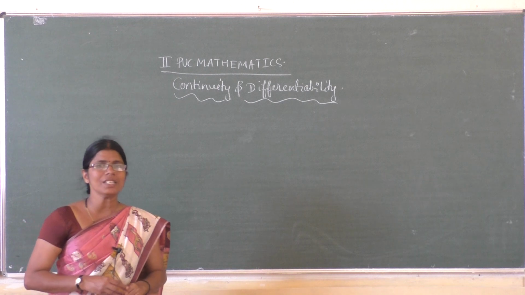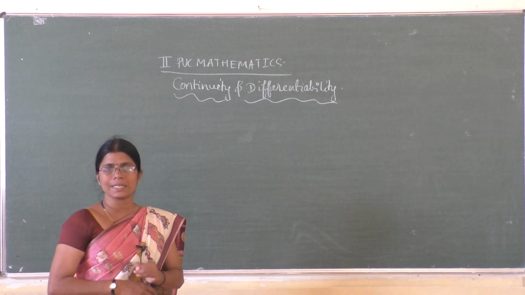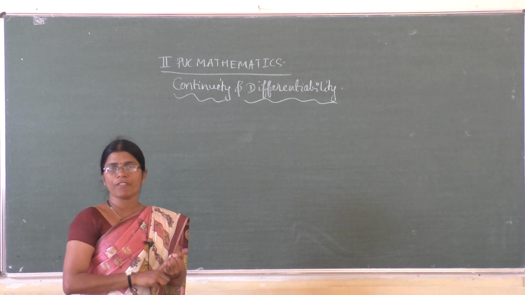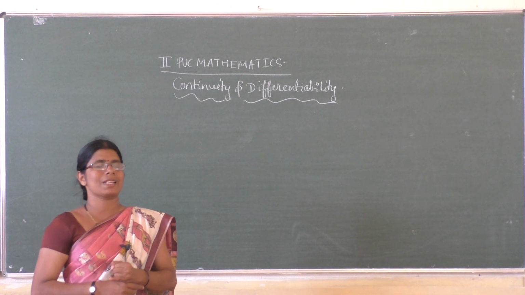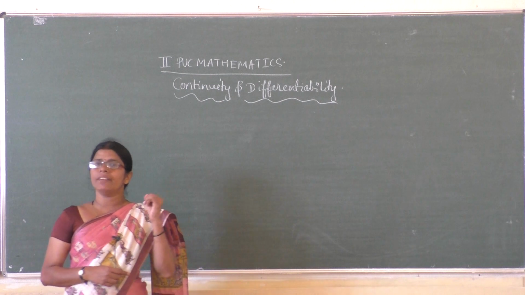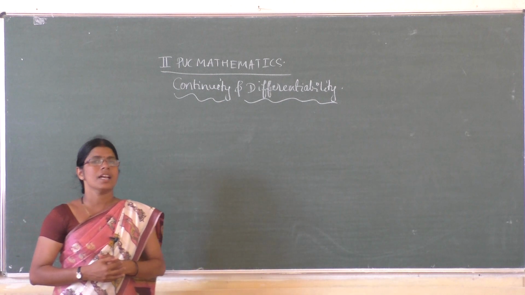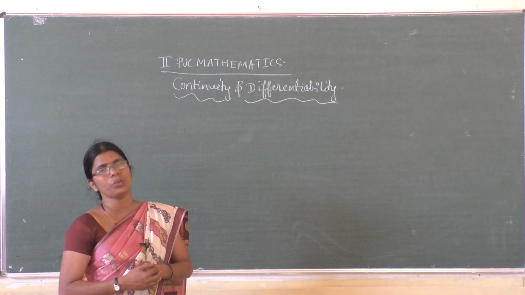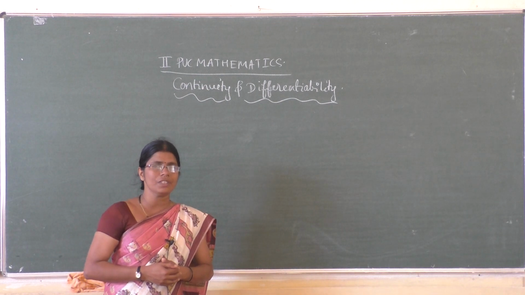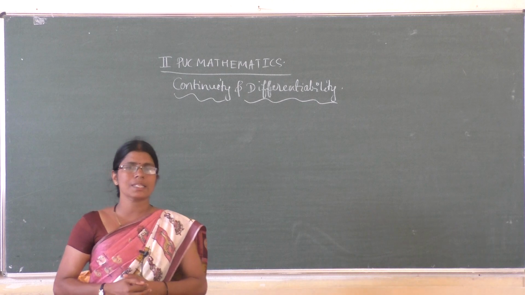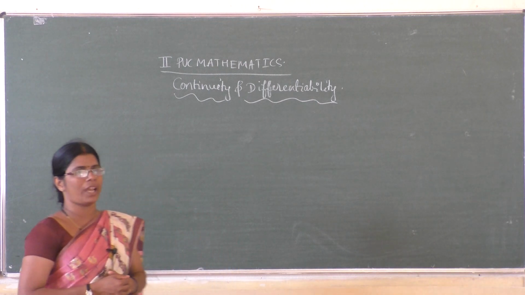Derivative of tan inverse x is 1 by 1 plus x square. Derivative of cosec inverse x is minus 1 by x into root of x square minus 1. Derivative of secant inverse x is 1 by x into root of x square minus 1, and derivative of cot inverse x is minus 1 by 1 plus x square.